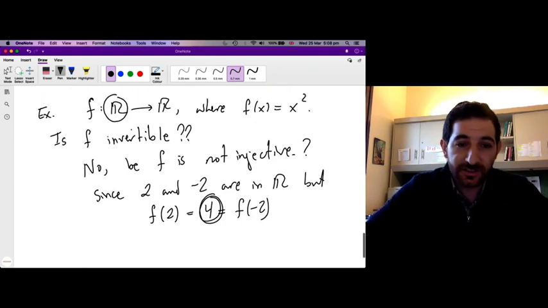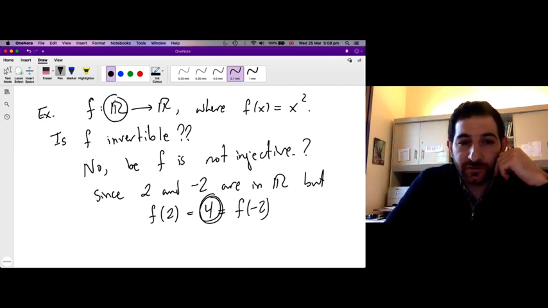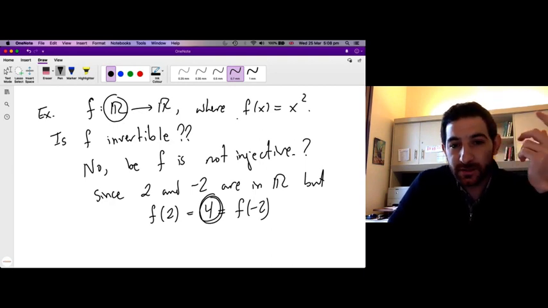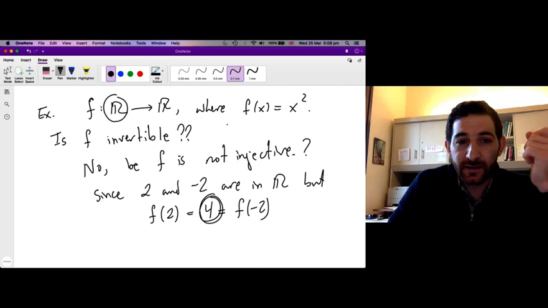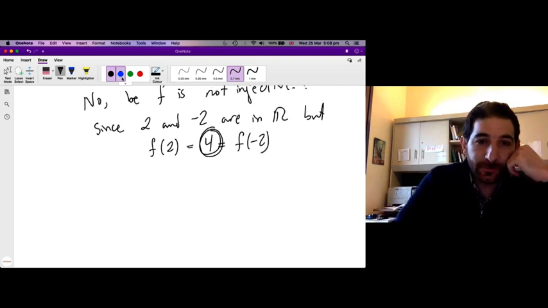Okay, so the suggestion here is let's modify the domain and the codomain of this function by getting rid of the negative numbers. So let's rewrite this example.